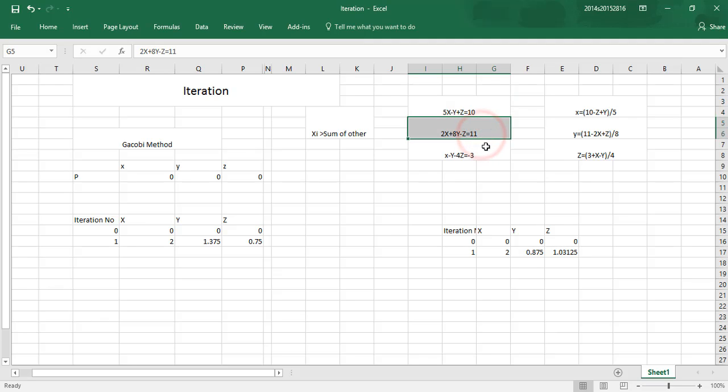But in this equation, we see that the coefficient of variable x is less than the absolute summation of the coefficients of y and z. The same applies to the y and z variables. Okay?